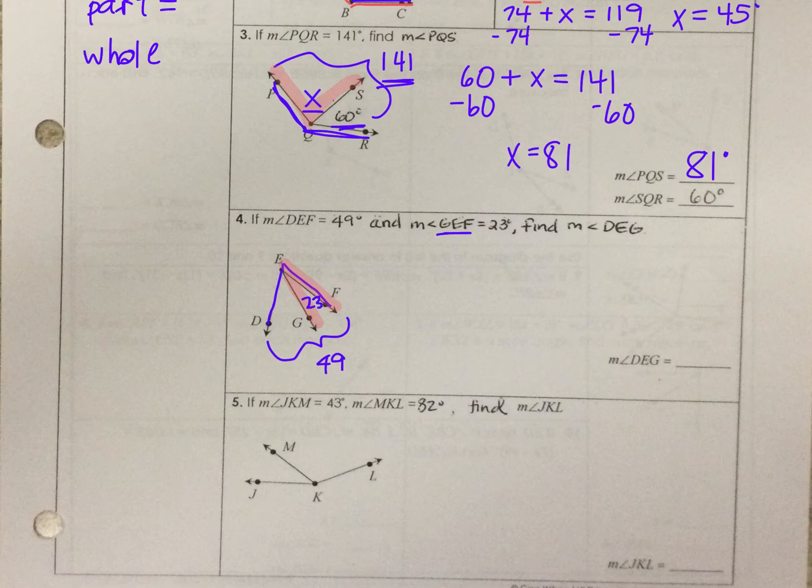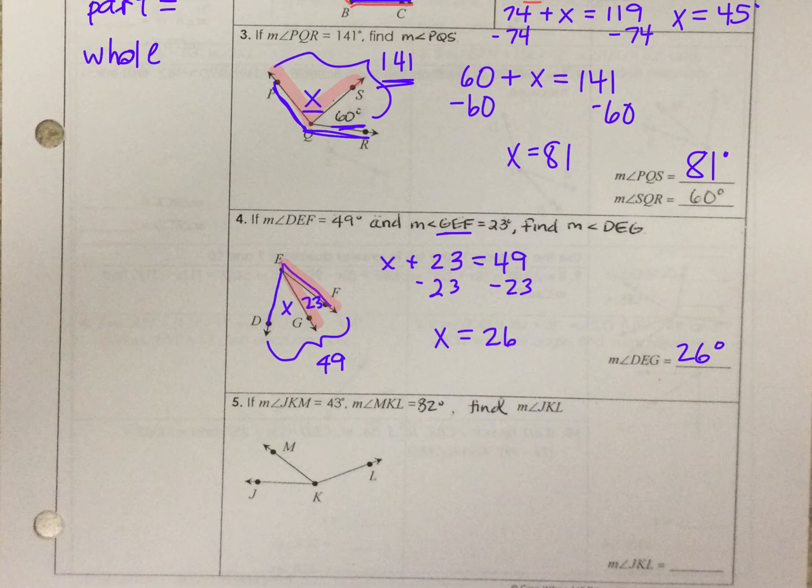And we need to find the missing part. I'm going to put an X in there. So, all right, part. First part's an X. Second part's a 23. It doesn't matter which order you do the parts in. Equals 49. Subtract 23. X equals 26.